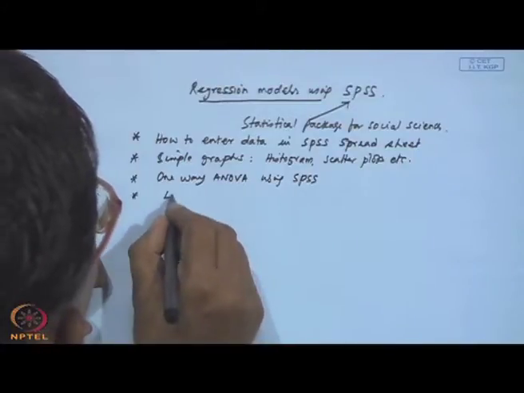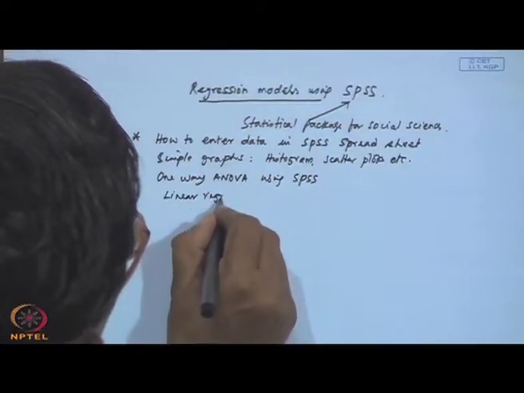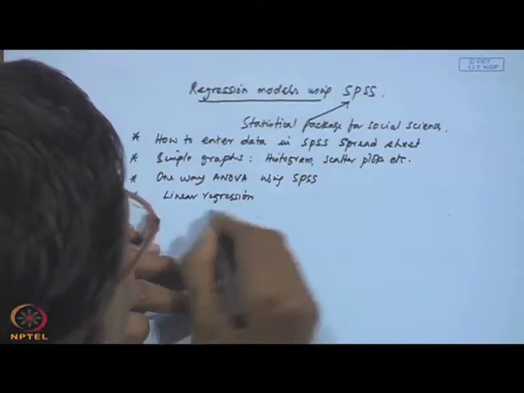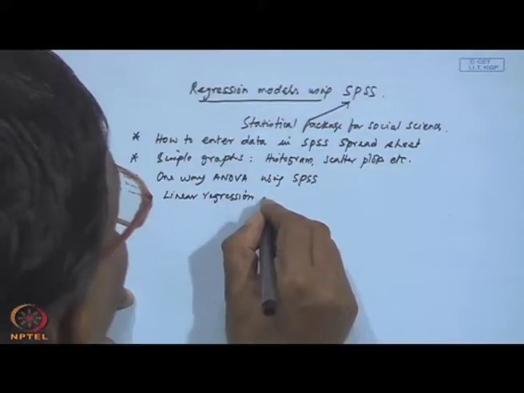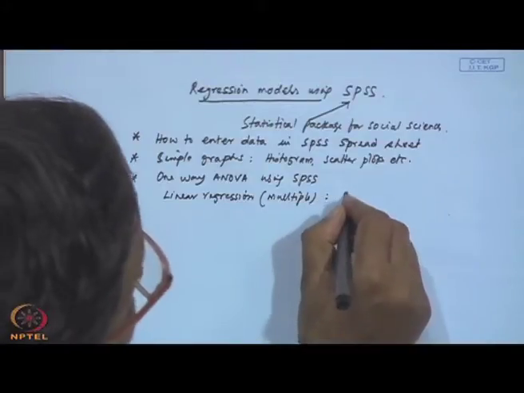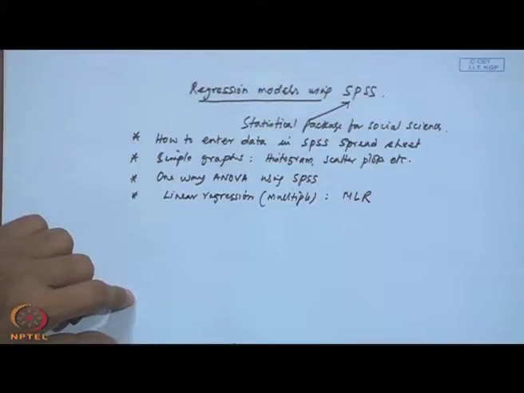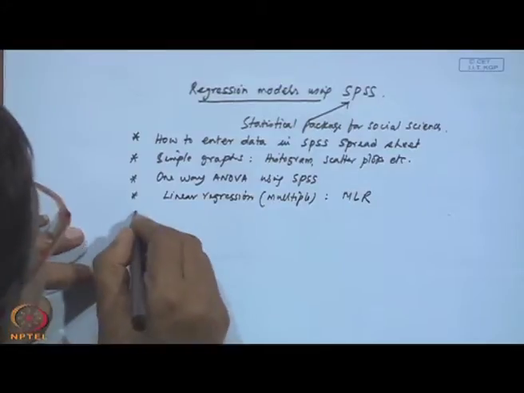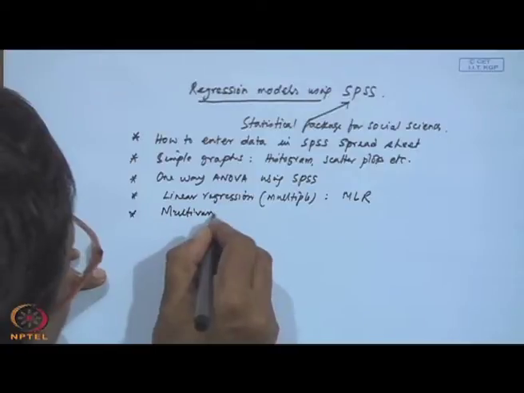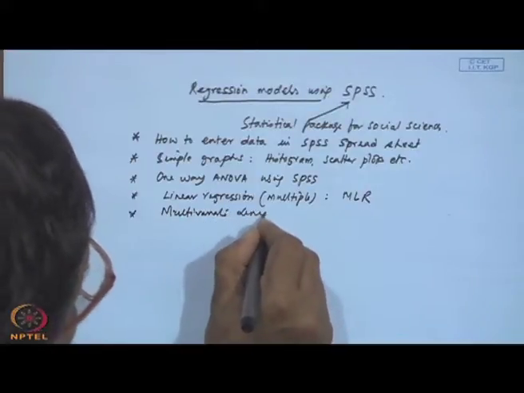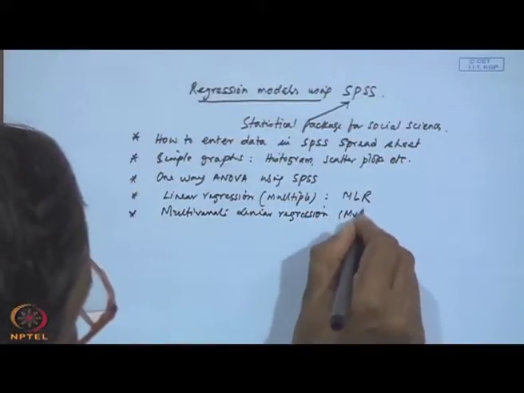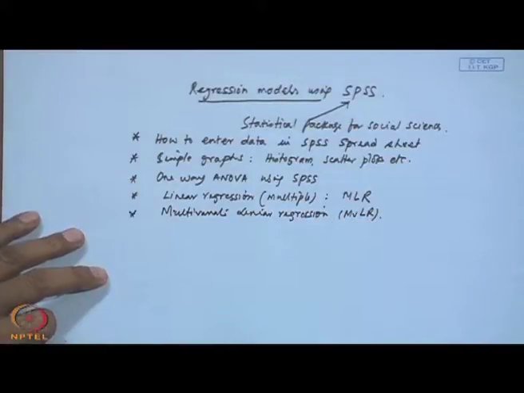Then I will go to linear regression. That means multiple linear regression, basically linear regression in the multiple as well as simple. Then I will show you multivariate linear regression, MVLR.